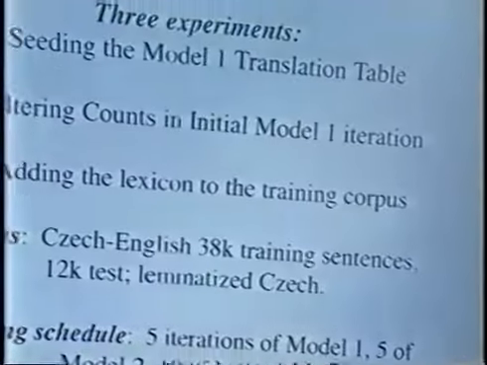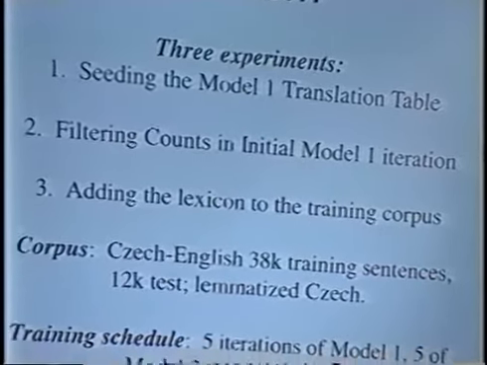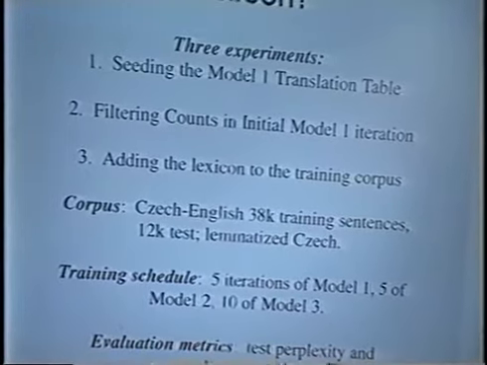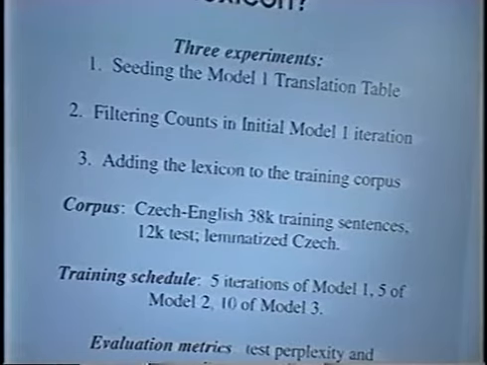So, okay, here's how we use the lexicon. From here on, I'm going to use the term lexicon to refer to any set of a priori mappings between the two languages, the dictionary and/or these cognates which we've derived. So the 3 experiments were to seed the Model 1 translation table, second, to filter the counts in the initial Model 1 iteration, and I'll explain that further.